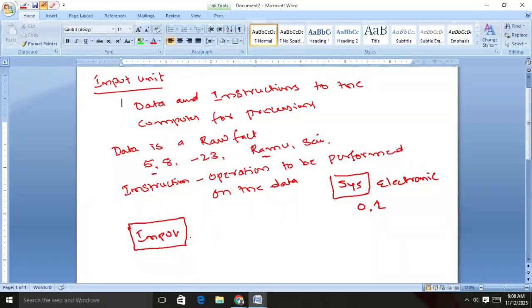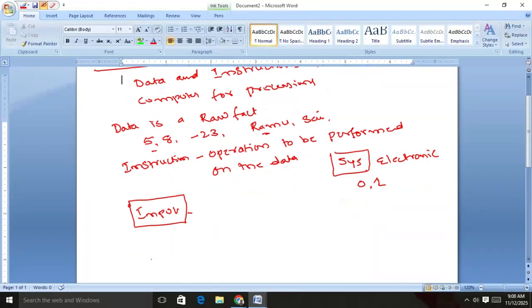So the input device takes the information in user understandable format, that is 15 and Ravi, translates it into binary code, that is ones and zeros, and then sends it to the central processing unit. So the input unit's responsibility is to transfer the data and instructions to the CPU for processing.